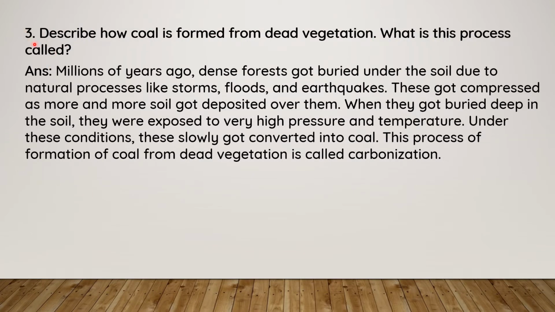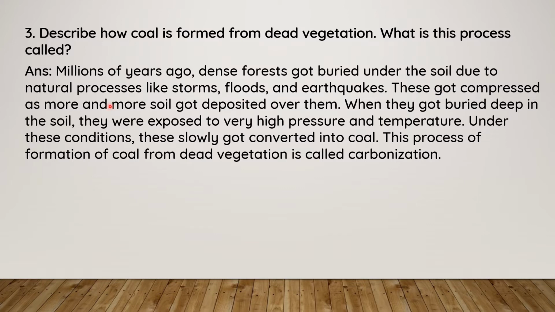Third question, write in your notebook. Describe how coal is formed from dead vegetation. What is this process called? So already I think we wrote in your notebook, but no problem, you can write one more time. So answer: millions of years ago, dense forest got buried under the soil due to natural processes like storms, floods, and earthquakes.